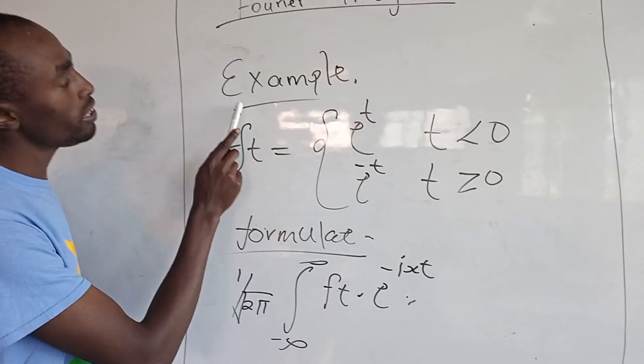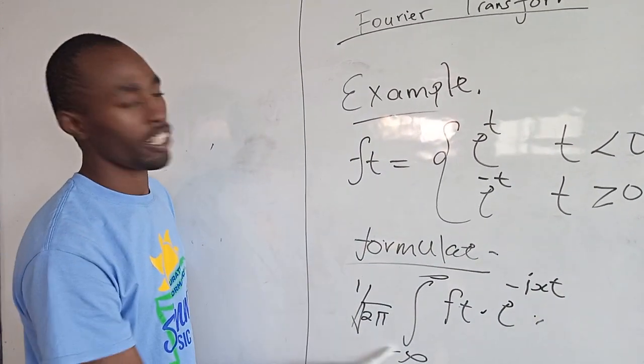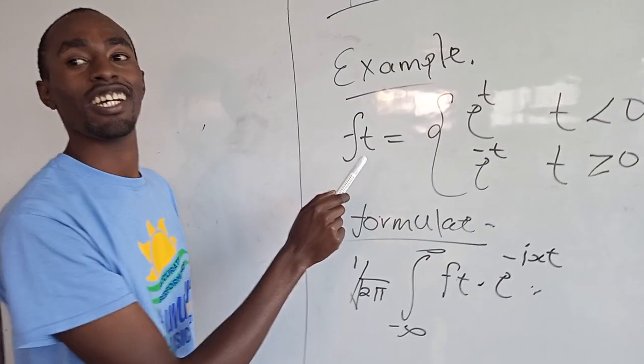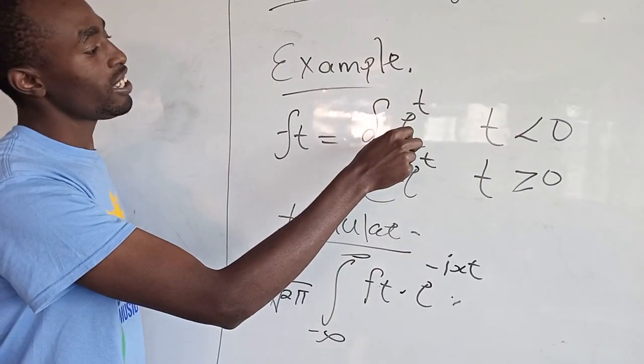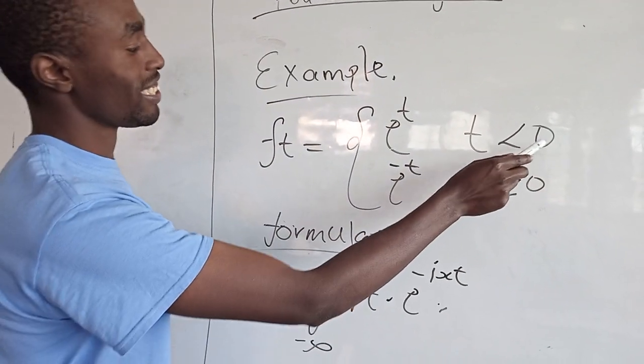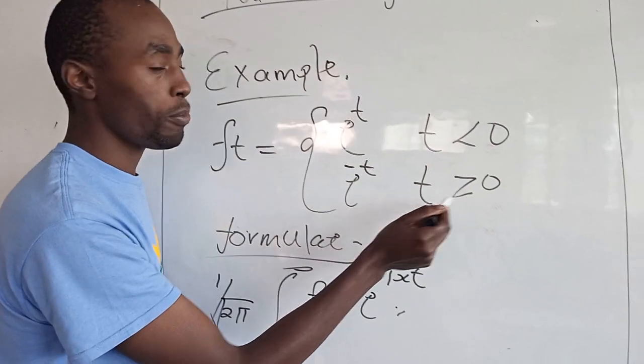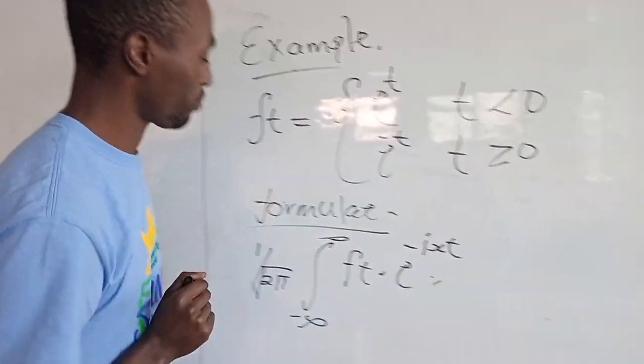This is the example that we are going to solve, and this is the formula. The question is: if f(t) is e^t for t less than 0, and e^(-t) for t greater than or equal to 0.